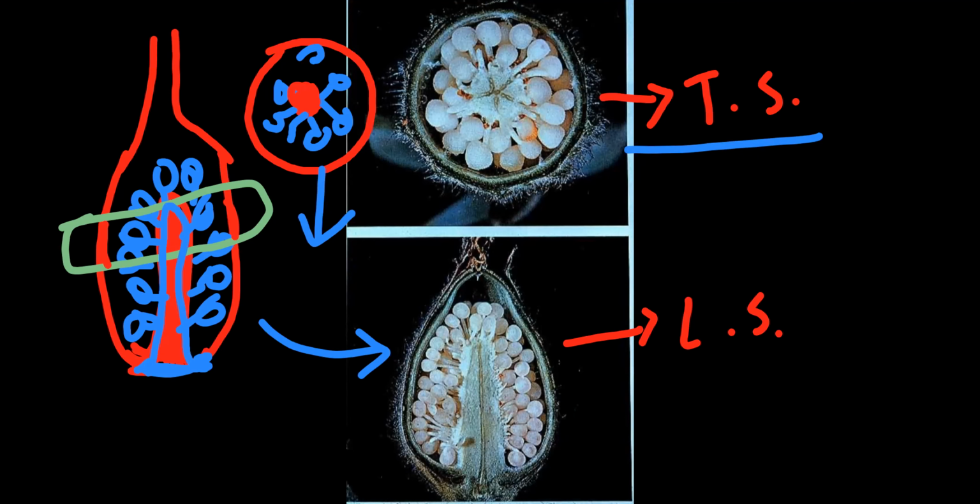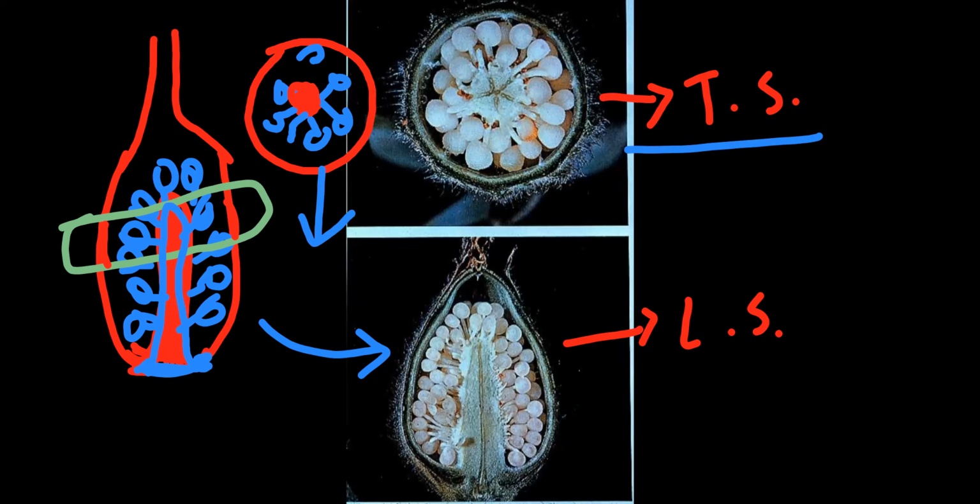Tell me, first understand free central placentation. Here, this type of septa, partition septa, are absent, right? Now can you tell me, is this a unilocular, multilocular or bilocular condition?